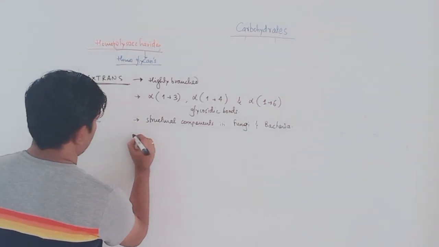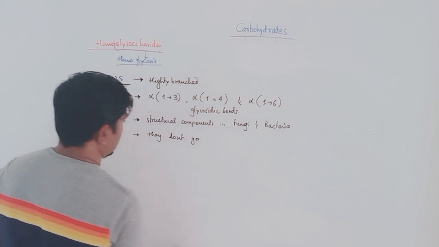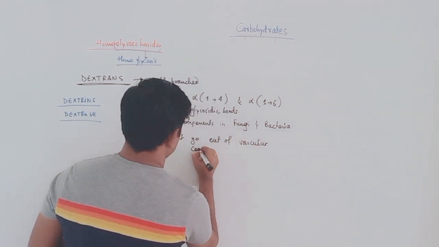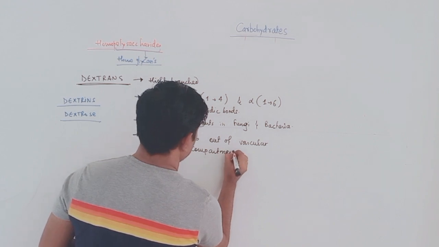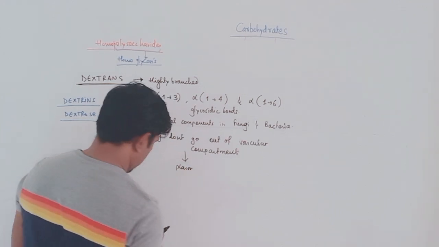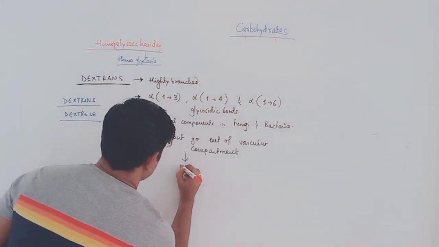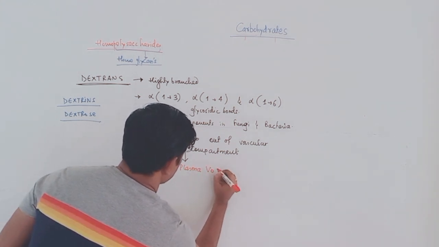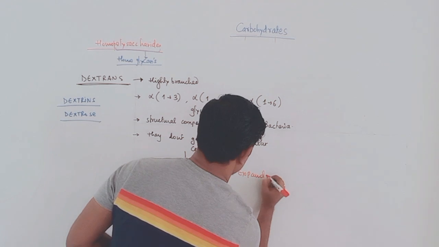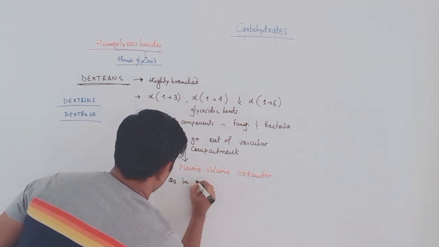Since these dextrans are highly branched, they don't go out of the vascular compartment, and because of this reason, they are used as a plasma volume expander, as in case of hypovolemic shock.